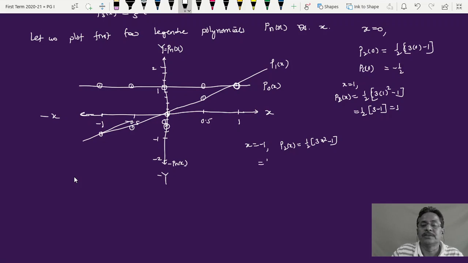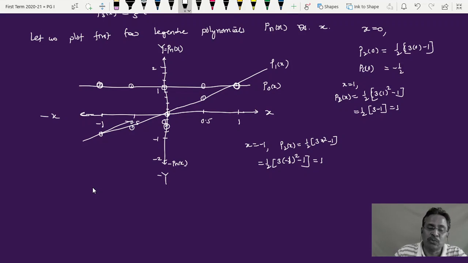So this is 1 half into the bracket 3 into minus 1 square, minus 1. So 3 into minus 1 square is 3 into 1, which is 3, minus 1 is 2. 2 upon 2 is 1 again. So when I put x is equal to minus 1, I'll get another value, this.